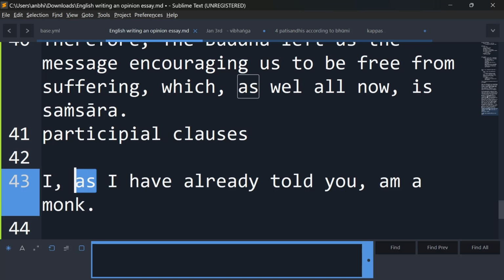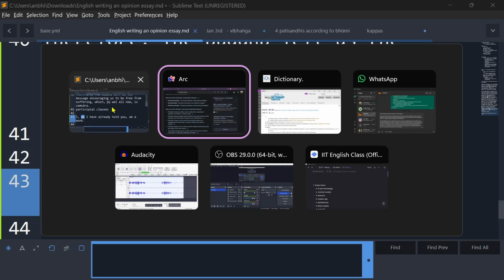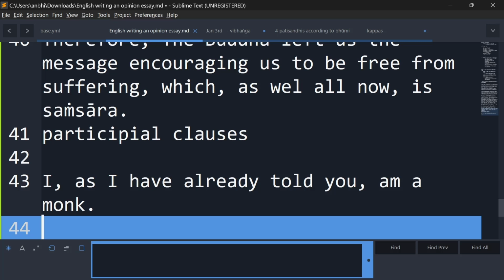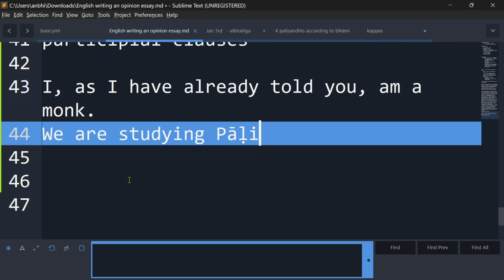How do we call this sentence? As is also a conjunction, right? But it's like a relative clause, isn't it? There are these relative clauses. Now, for example, we take any sentence: we are studying Pali, okay?